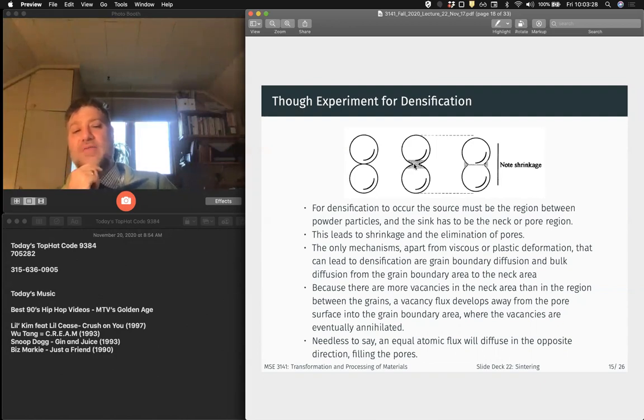So with the higher vacancy concentration, bulk diffusion is going to be enhanced in this region versus in the middle of our particle here. Right, because here we have this concave surface, whereas out here we have a convex surface. So it's not just along the grain boundary, but you can also have bulk as well.